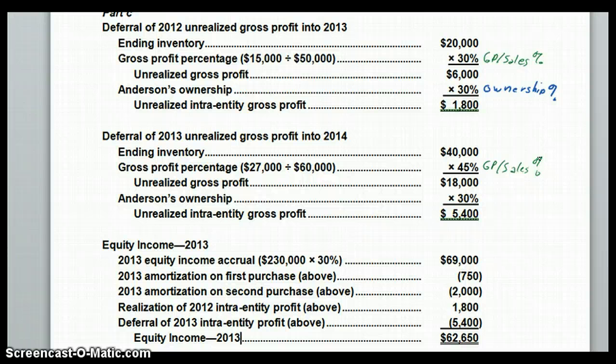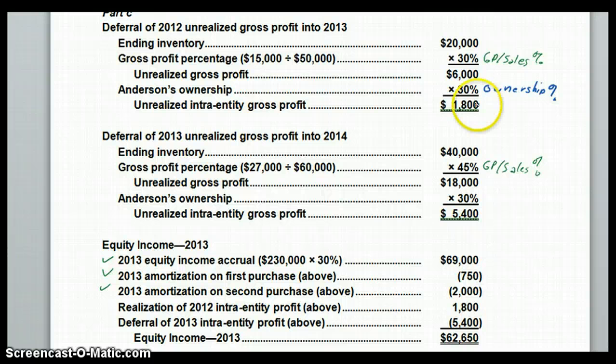So in the year 2013, first, we take Andersen's percentage of Behringer's net income. Then deduct the amortization both on the first and second purchase of the 10% and 20% of Behringer. Then we deferred 2012 gross profits between the firms, but we assumed that anything that was deferred in 2012 was actually sold by Behringer in 2013.